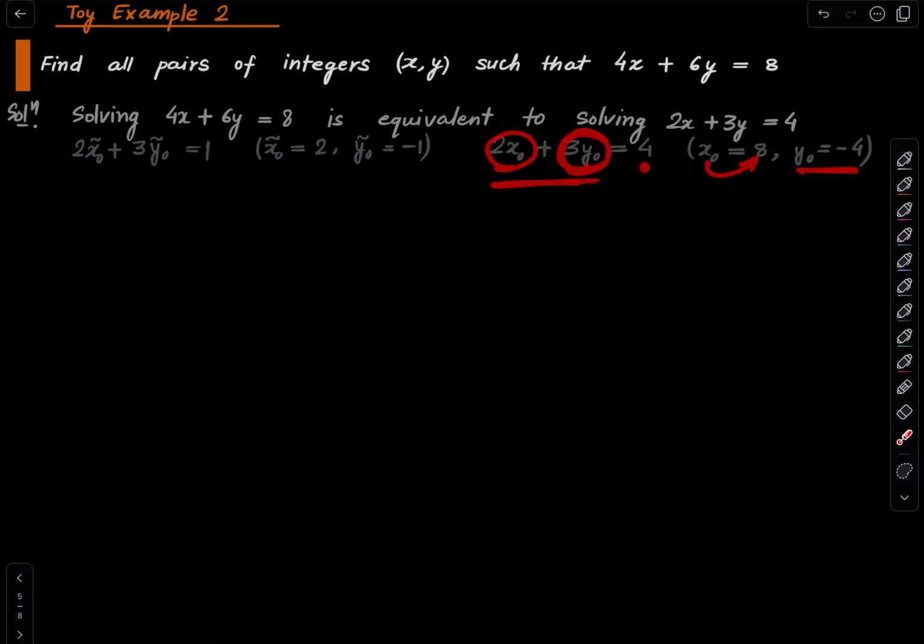You add them, you get 4. So to find one solution to this, you first solve this equation, because the GCD of 2 and 3 is 1. So by Bezout's, you can easily solve this equation by employing the Euclidean algorithm or by guesswork. Once you find solutions x naught tilde and y naught tilde, you just scale them by the number written over here, and you will have found at least one solution to the given equation.